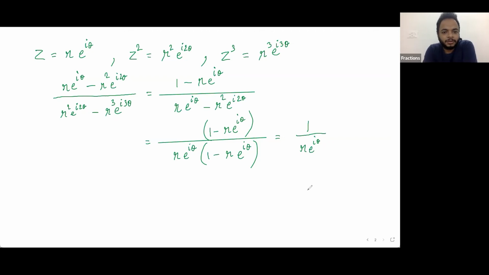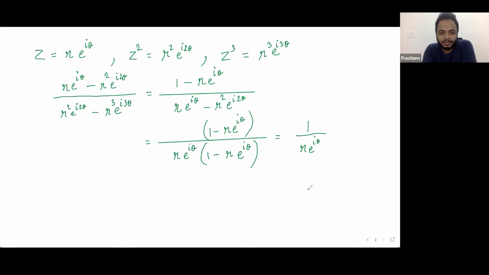Okay. So then there is something to note, that is, if r is equal to 0, so r is the distance of this complex number from the origin. So it's positive, but if it's equal to 0, then z, z square, z cube all become the same point. And then basically, in fact, z becomes a real number.